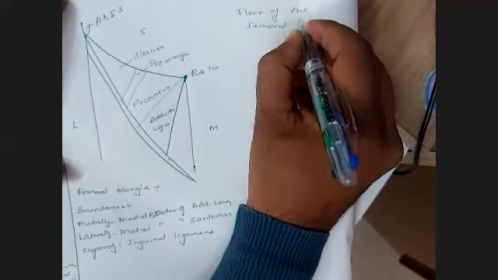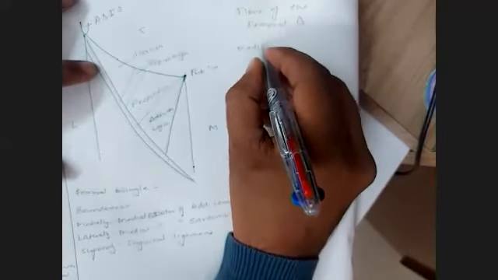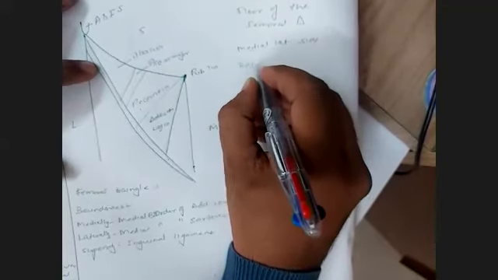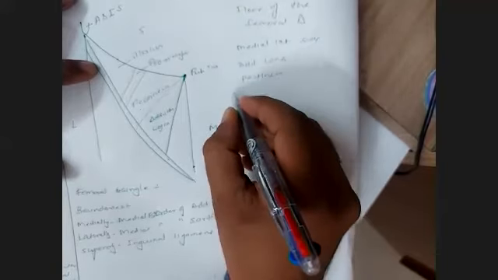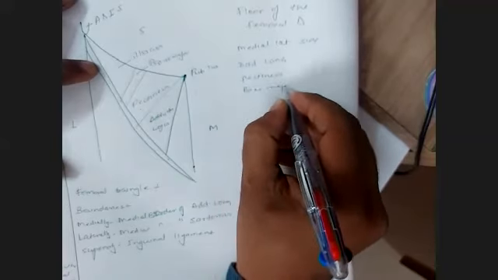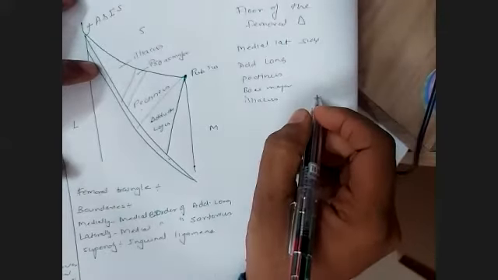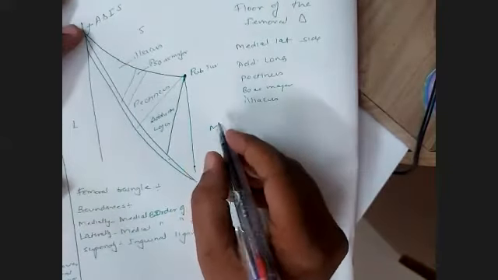The floor of the femoral triangle is formed, from medial to lateral side, by adductor longus, pectineus, psoas major, and iliacus. Adductor longus, pectineus, psoas major, and iliacus. So these are the structures forming the floor of this triangle.